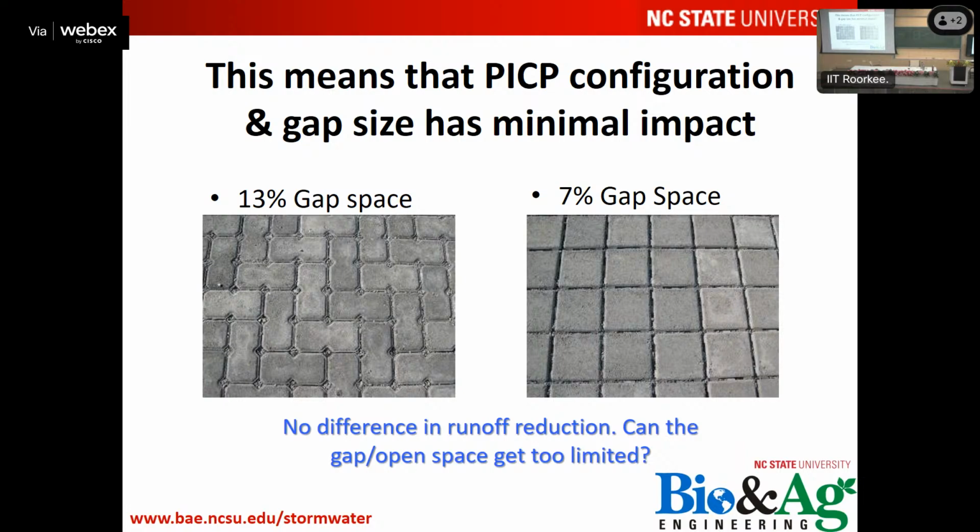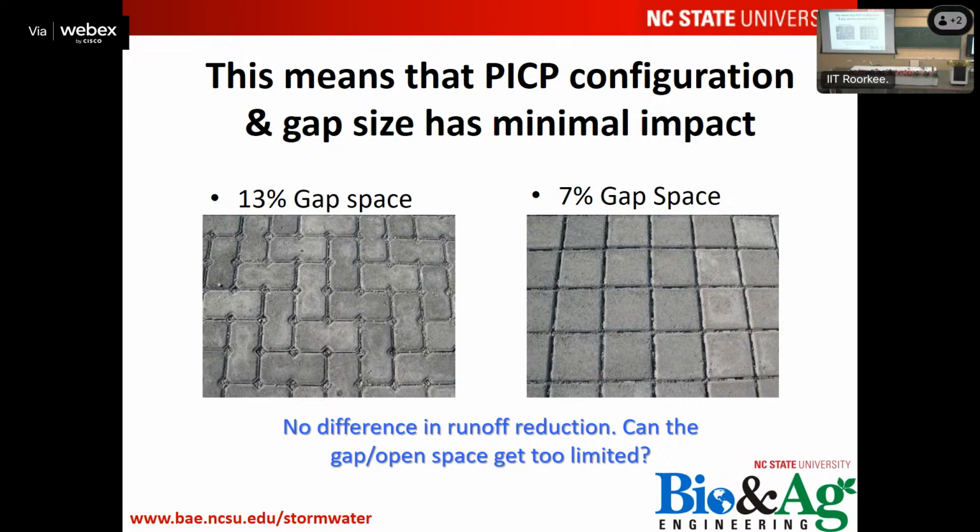All right. So I'm glad you guys have your paper out. We're going to do a real quick calculation. I'm going to give you 2 infiltration rates. All right. And I'm going to give you 2 other numbers, and you're going to tell me what the difference in infiltration is for a block. All right. So the block on the left is 13% gap space. The permeability of the concrete block, all right, it's easy. It's 0.000 millimeters per hour. 0.